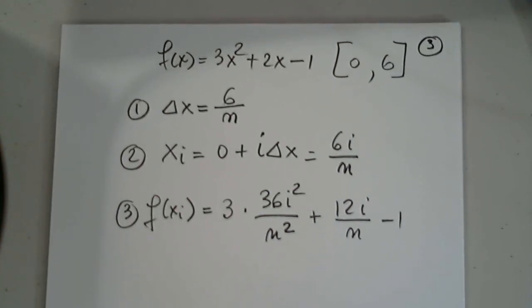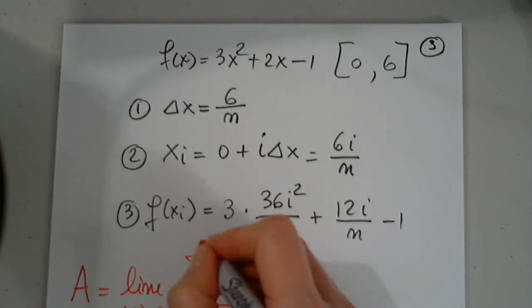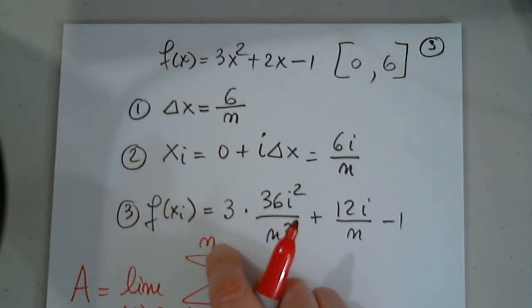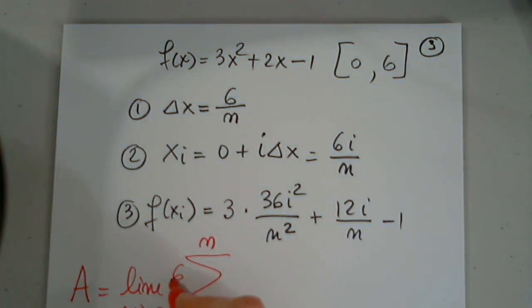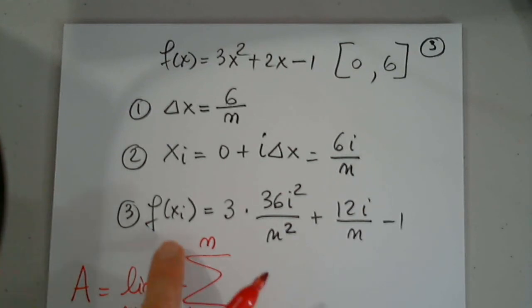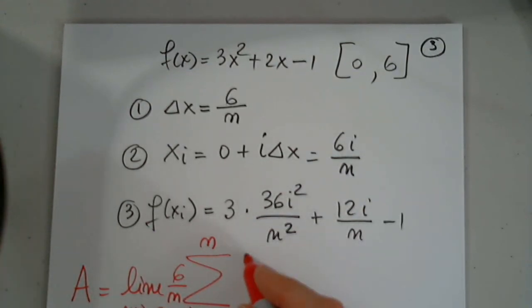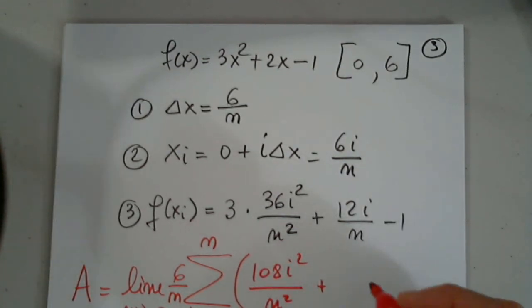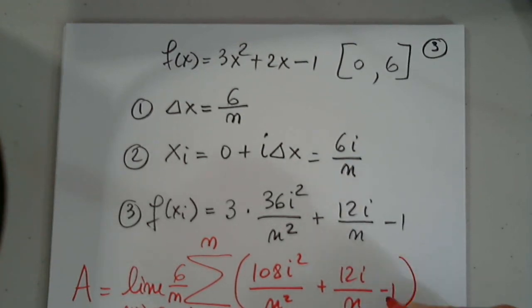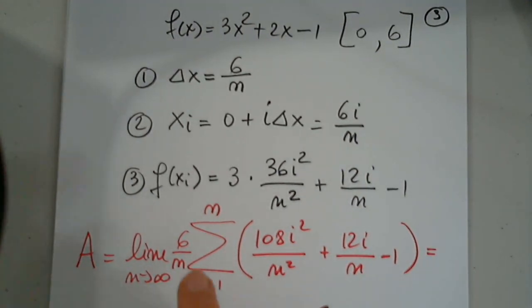After this is done, I can say that the area is the limit as n approaches infinity of the sum from i equals 1 through n, from the first subinterval to the last subinterval, of delta x, which I put in front because it does not depend on i, times f of xi, which is all this, and I will multiply. So I think I have 108i squared over n squared plus 12i over n minus 1. Now, one property of the summation notation says sum of this plus sum of this plus sum of this.